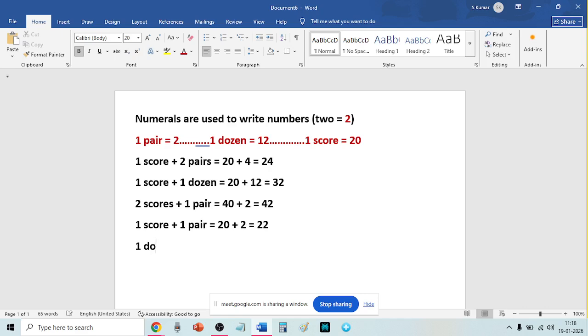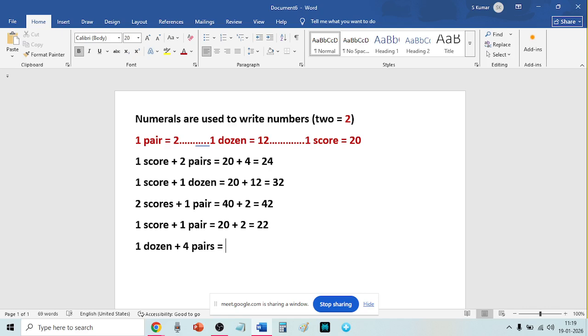Okay. 1 dozen plus 4 pairs. Say what number plus what number? 1 dozen we will write plus 4 pairs. First say 1 dozen, that is easy. 1 dozen is how many?